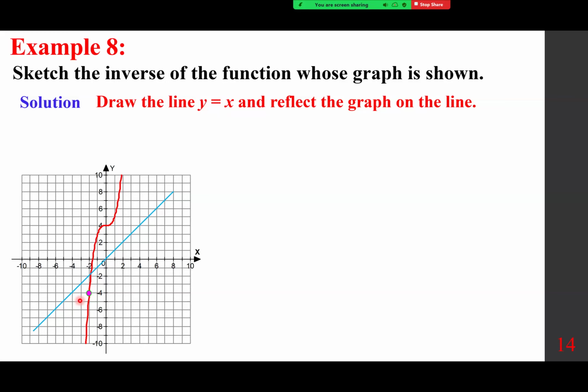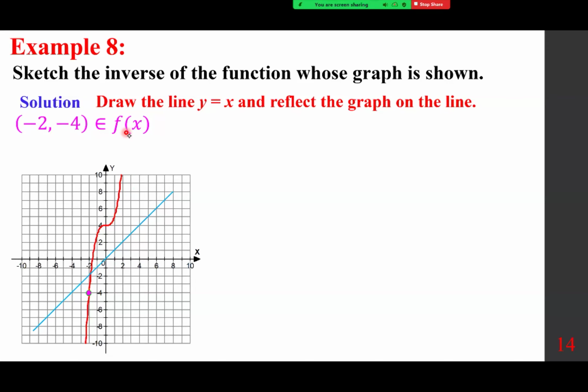seems to have coordinates -2, -4. So this point is an element. This is how we read this. Looks like an epsilon. -2, -4 is a point that is an element of f of x.